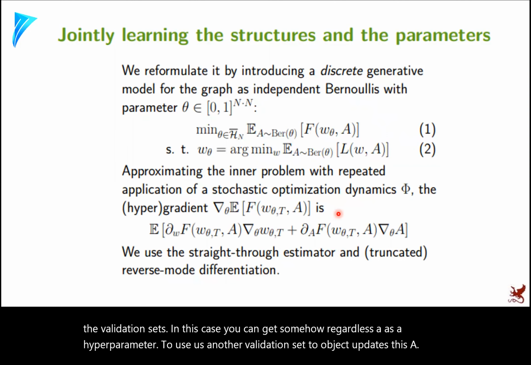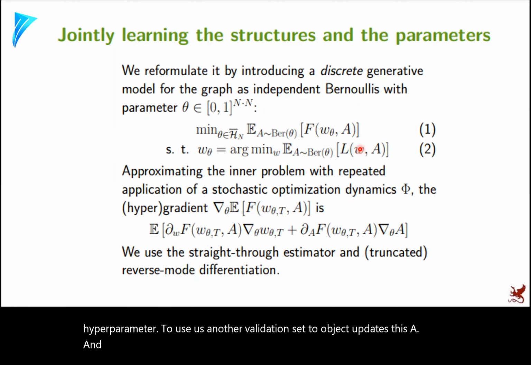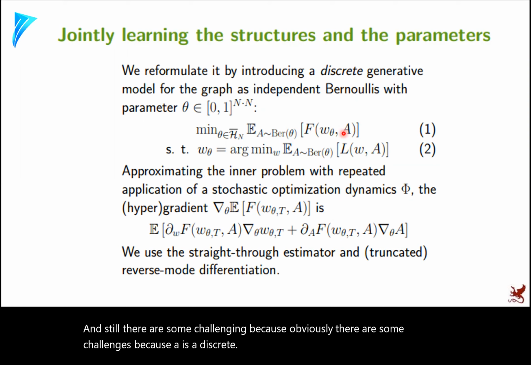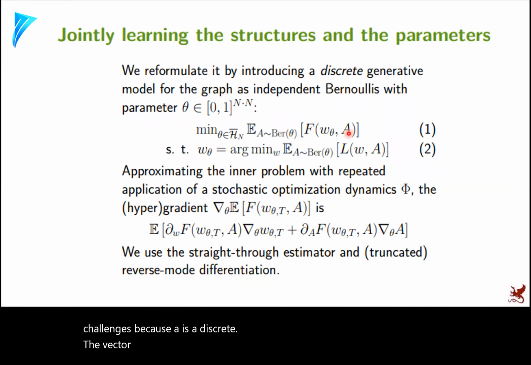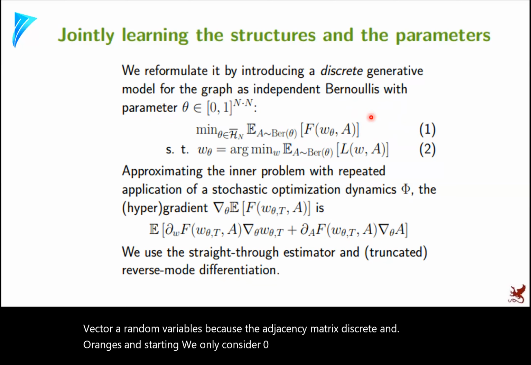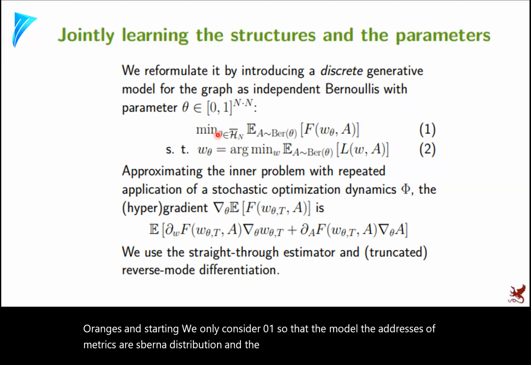Obviously there are some challenges, because A is a discrete random variable: the adjacency matrix is discrete, and in the GCN setting we only consider 0 and 1. So they model the adjacency matrix as a Bernoulli distribution parameterized by a learnable continuous parameter theta.